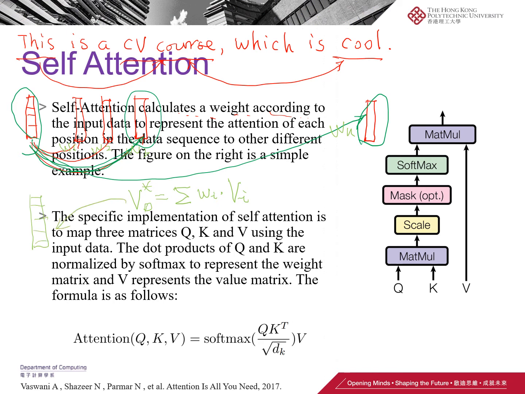So in this way, repeating that process, you can repeat this process for different words. For example, you can calculate the correlation of the second word to the other words in that sentence and generate a new version of that representation vector. This is vector 1 star. This is vector 0 star. And you can repeat that process.